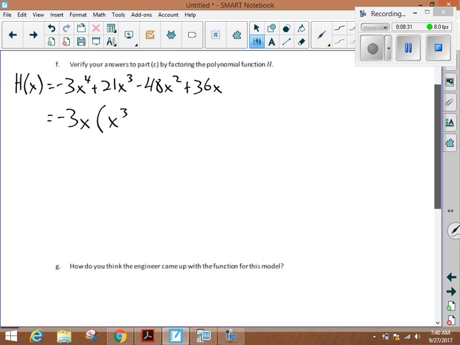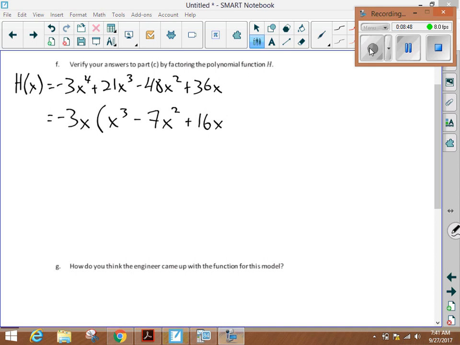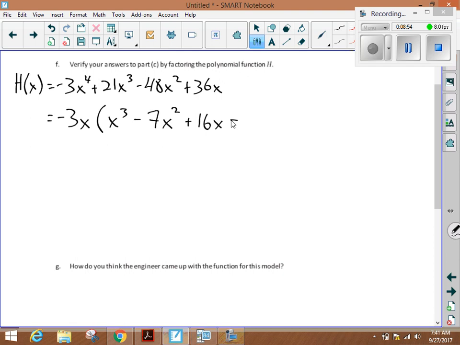And then this will give me negative 7x squared. This one, negative 16x. And over here, this will be, my bad, positive, right? Because I factored out a negative. So what that's going to do is change the sign of everything inside of my parentheses. And we'll have negative, right? 36x divided by negative 3x is going to give me negative 12.